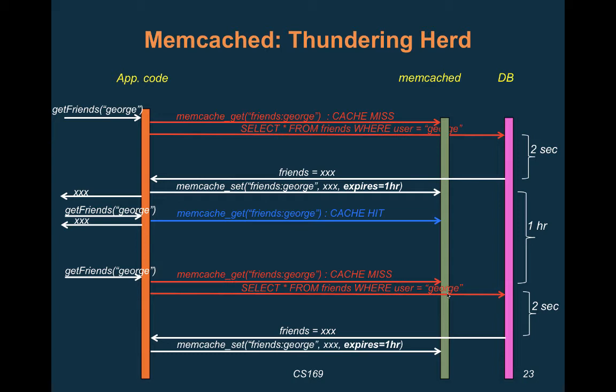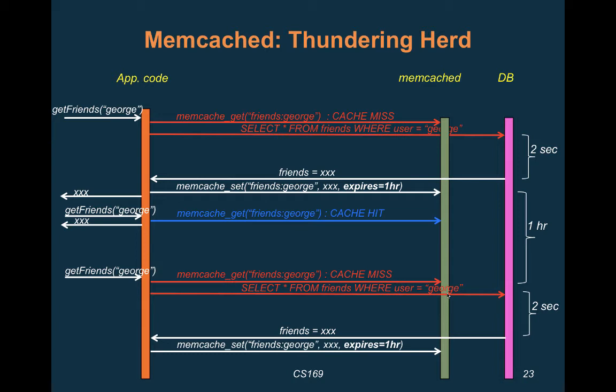That will force you to go to the database, another 2 seconds of computation, and then store it in the cache. And you think you are done because you are saving these 2 seconds, since now it's going to be 1 millisecond instead of 2 seconds for most of the requests, and you have implemented the freshness requirement of 1 hour.